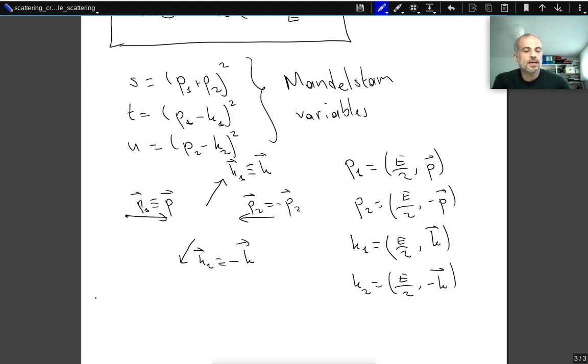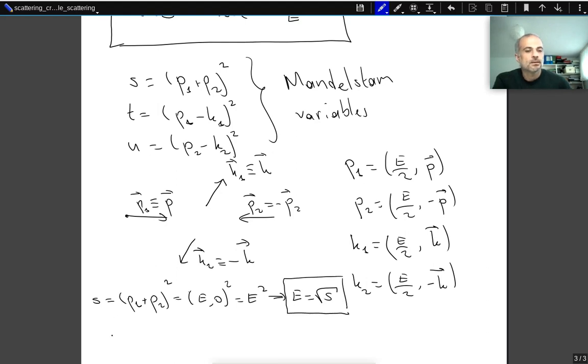So if you calculate S, which is P1 plus P2 squared, well, the P1 plus P2 four vector is E, 0, squared. This is just E squared. So wherever we see E, we can just replace it with the square root of S. If we look at T, this is P1 minus K1 squared.